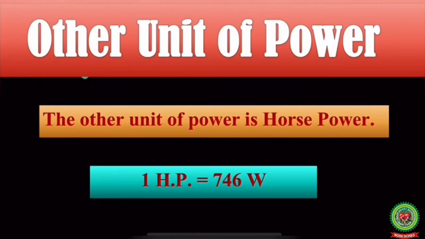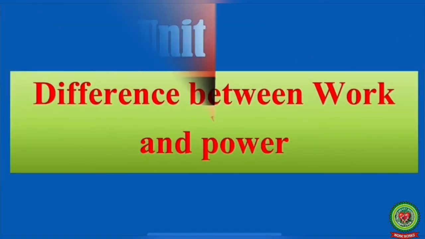The other unit of power is horsepower. Horsepower is basically considered as the unit of mechanical power which is used in machinery. The relation between horsepower and watt is 1 horsepower is equal to 746 watt.